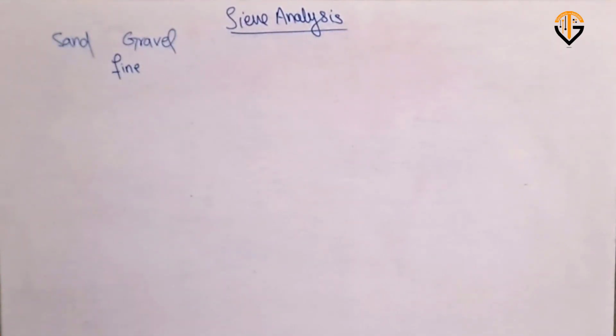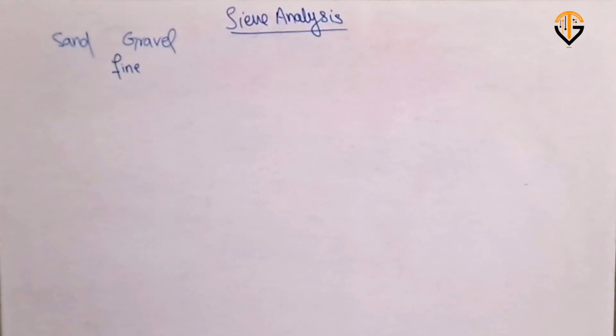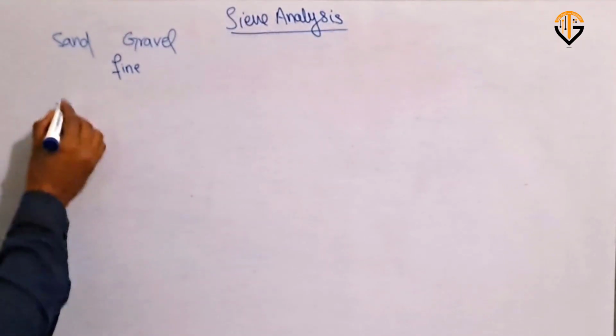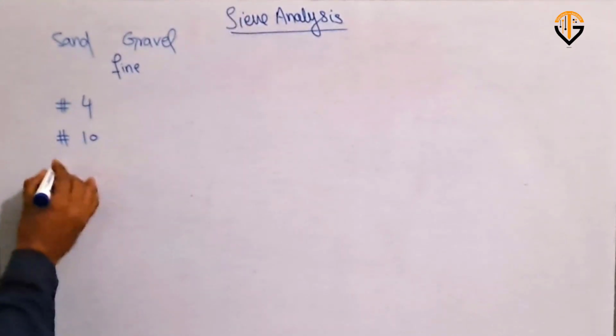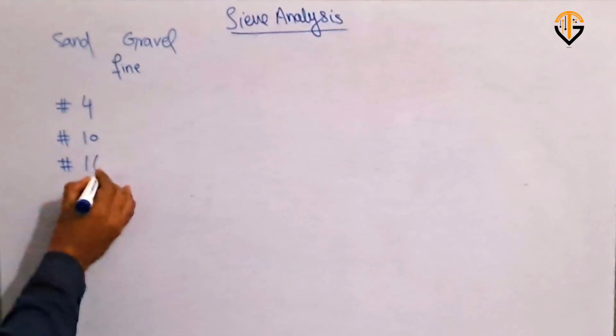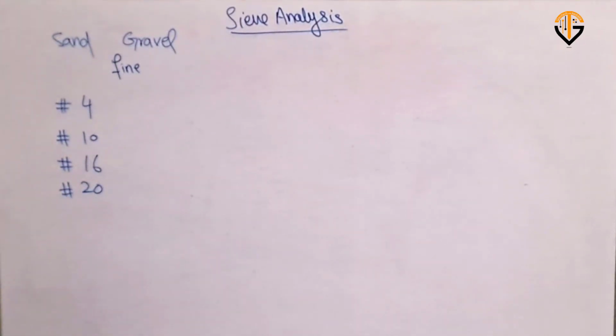Firstly, we need to understand that in sieve analysis we have different sieves. For example, we have sieve number 4, sieve number 10, sieve number 16, and so on.